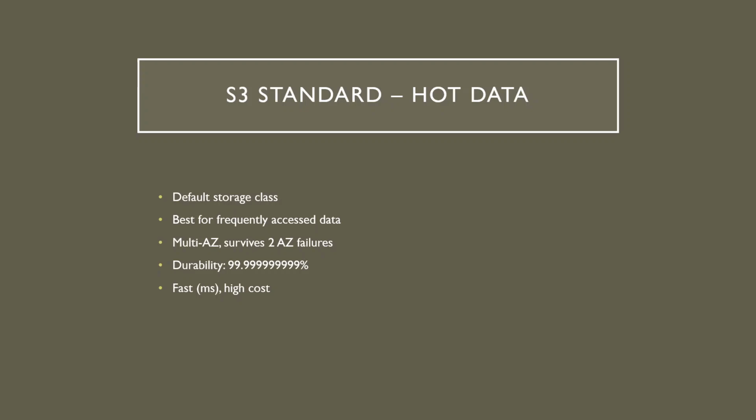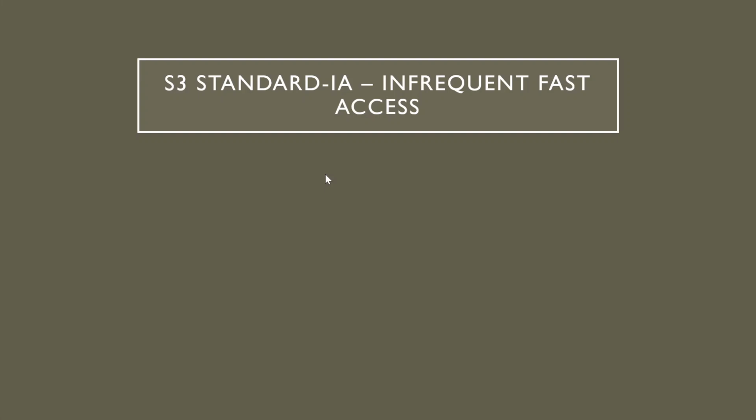Next class we'll see S3 Standard IA. What is the meaning of IA? Infrequent Access. So think of it like a cheaper version of Standard. You still get multi-availability zone and fast access, but at reduced cost.